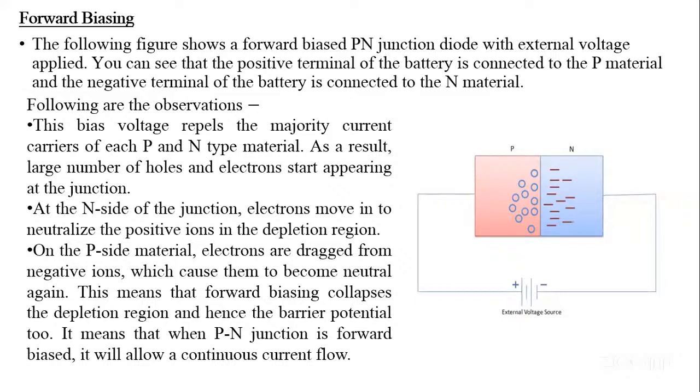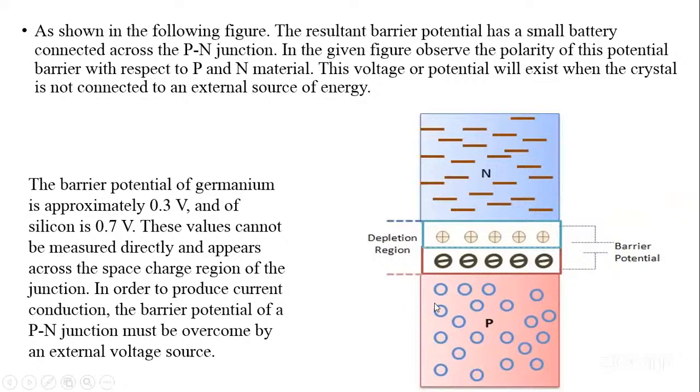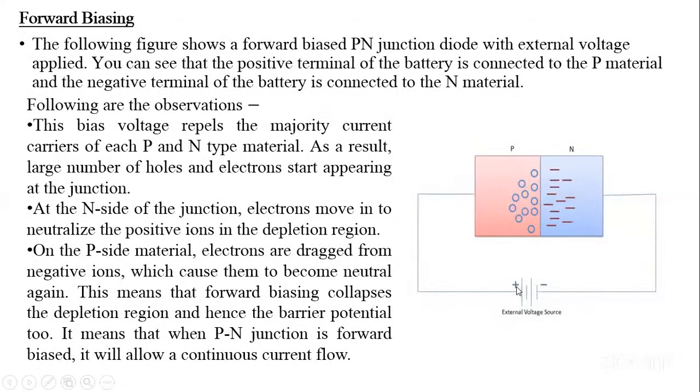The positive battery will force the holes to move towards the junction. So that is why you see all the holes have moved very close to the junction. In previous slide, you see the holes scattered all over. But here, after the forward biasing, all the holes have moved close to the depletion region.